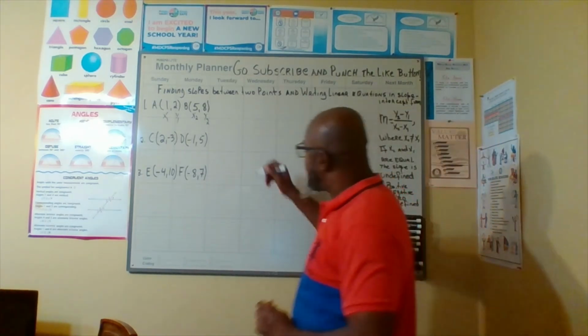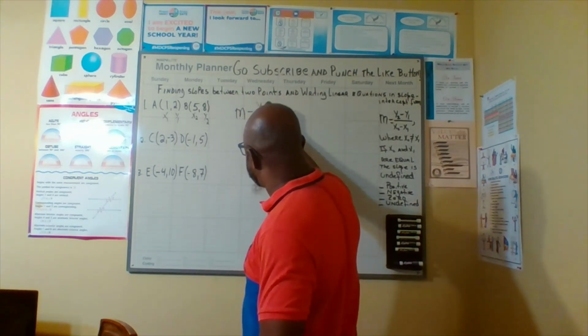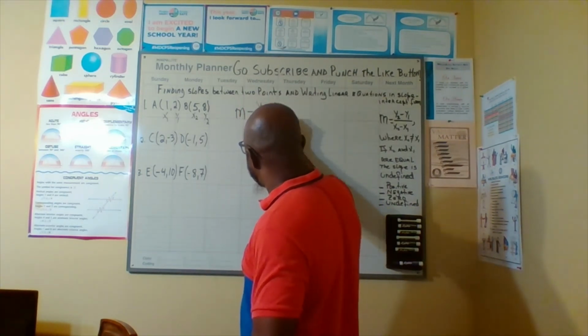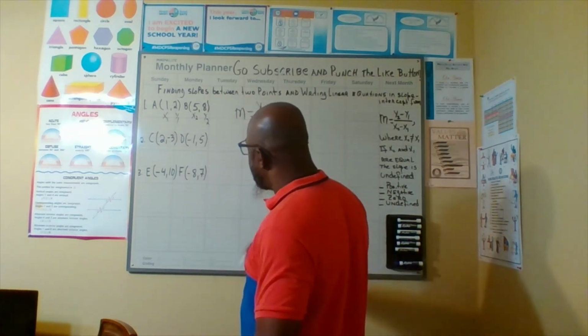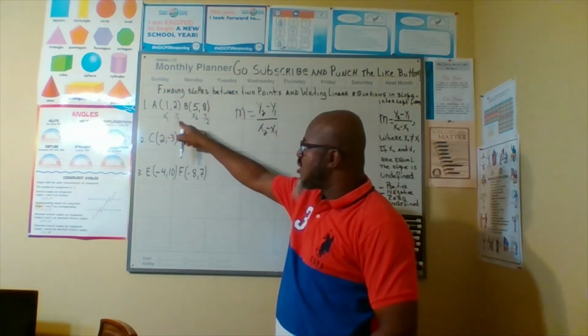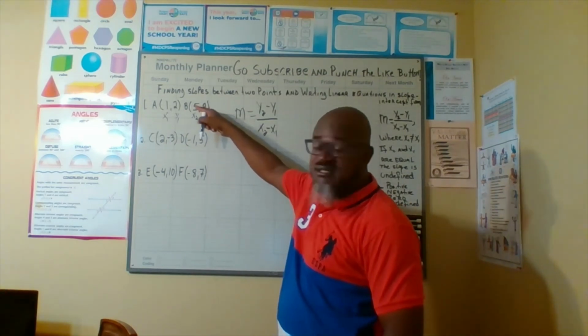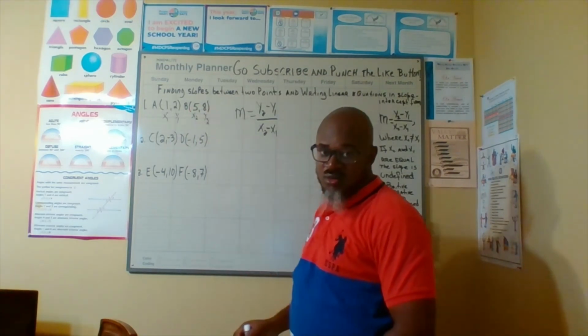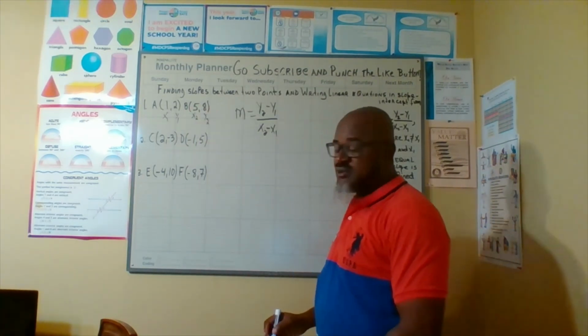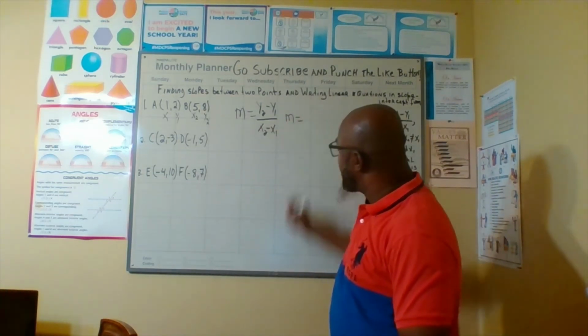So I have my slope formula, which is m equals y sub 2 minus y sub 1 over x sub 2 minus x sub 1. This is the formula that you need to know. Now I have point A, which is (1, 2). I label this as my x1, y1. My point B, which is (5, 8), I label as x2, y2. Now I'm going to plug it into the formula.